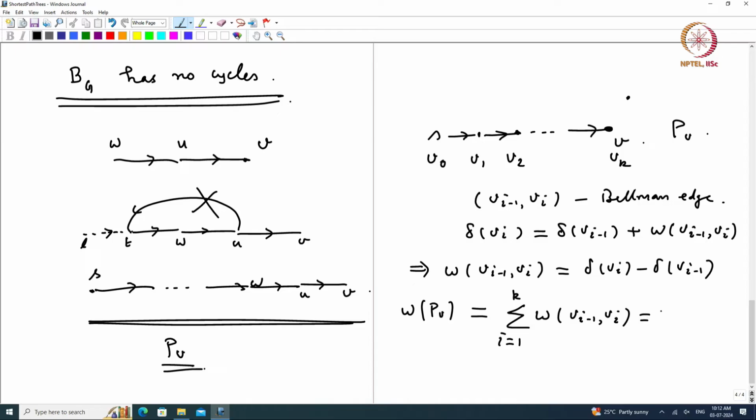That is equal to sigma i equal to 1 to k of delta Vi minus delta Vi minus 1, because W Vi minus 1 Vi is delta Vi minus delta Vi minus 1. Not d, it is delta, I am sorry.